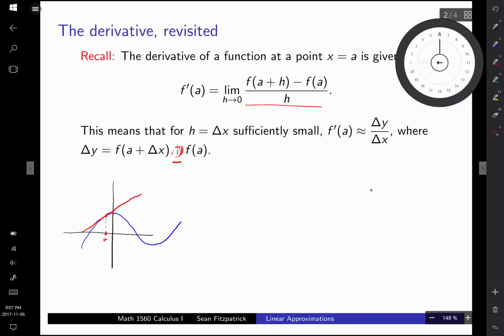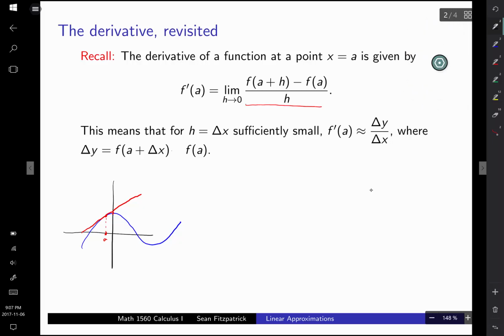Size 6. There we go. See, there's ways of fixing things. Okay, so put that minus sign in. f of x minus f of a is your delta y.